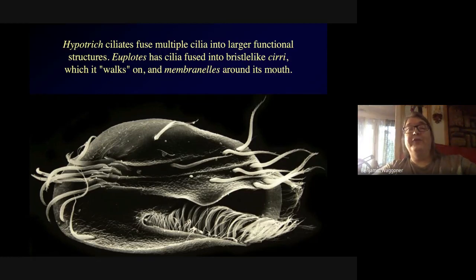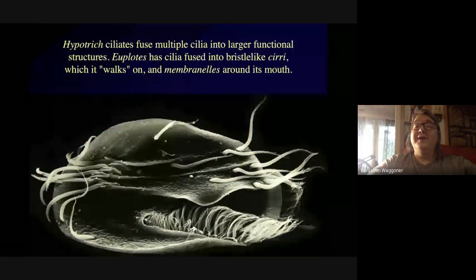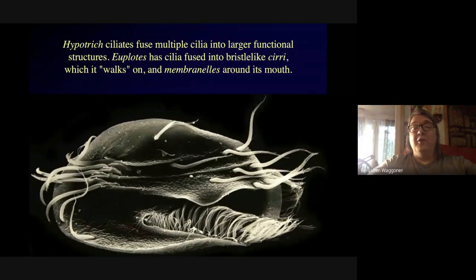These bristle-like structures are called cirri, and Euplotes and some other ciliates that you might see, like Oxytricha, Stylonychia, things like that, the cirri are actually rigid enough that the ciliate can walk. Euplotes can kind of scurry around, swinging those cirri back and forth.